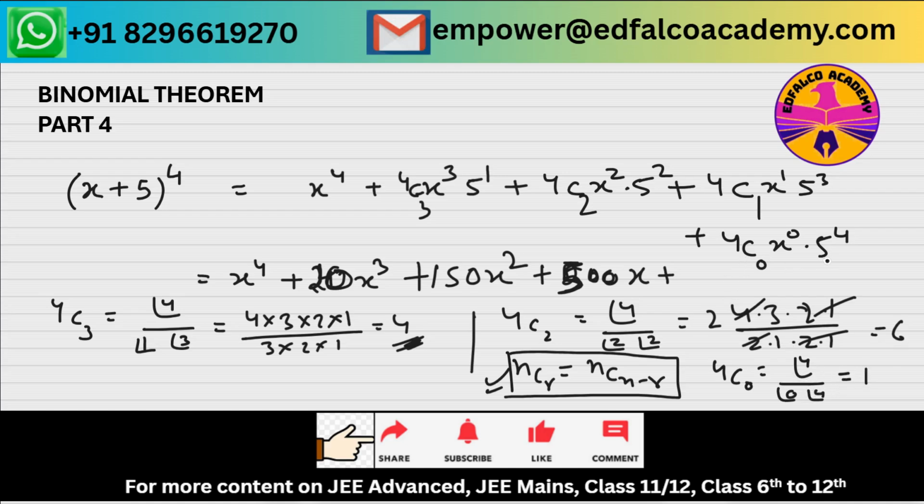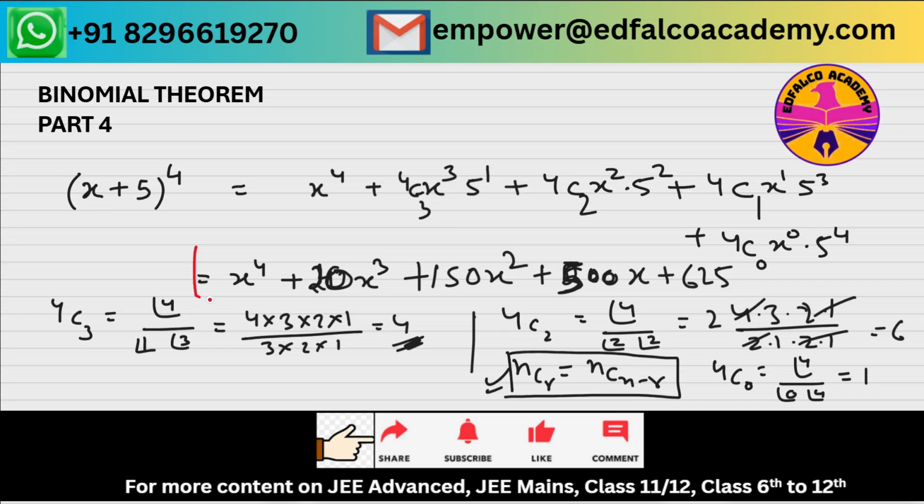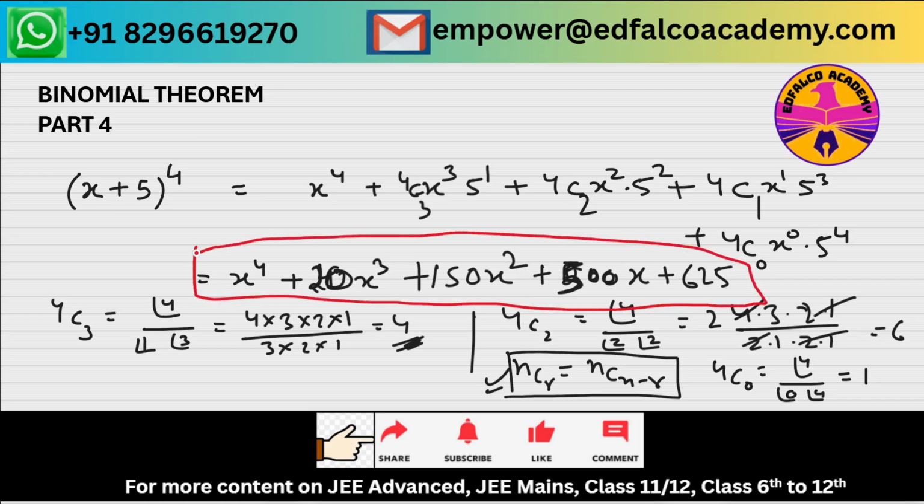So 1 multiplied by 5^4, and 5^4 is 625, multiplied by 1 gives 625. So this is the entire expression that you would get, which is x^4 + 20x^3 + 150x^2 + 500x + 625.